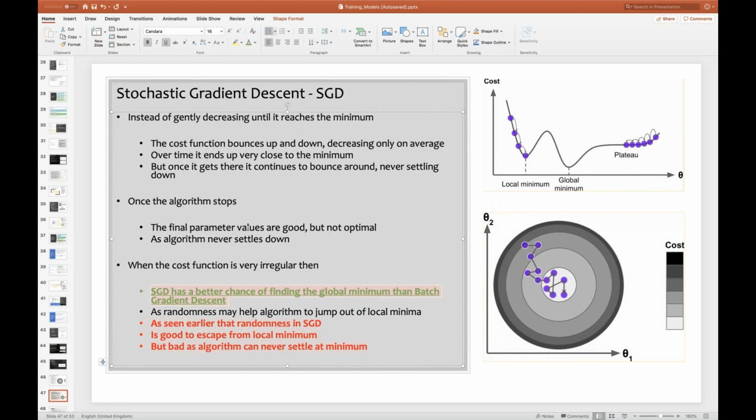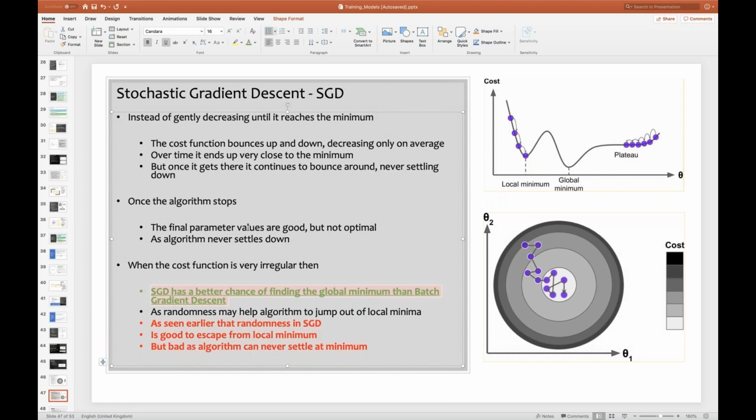Global minimum is the best point where you need to reach the target. But why you reached local minimum first and then went to global minimum is the key point here. So the first learning curve takes you to the local minimum. If you stress test it and do more testing, it will take you to the global minimum. That is what it is.